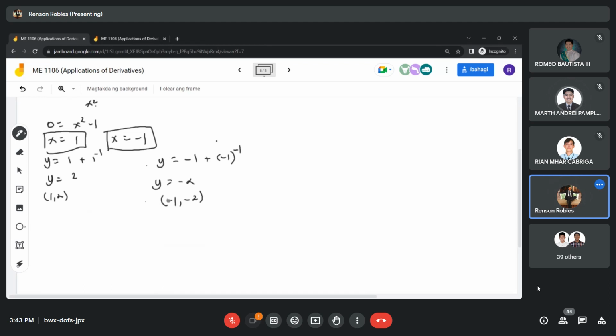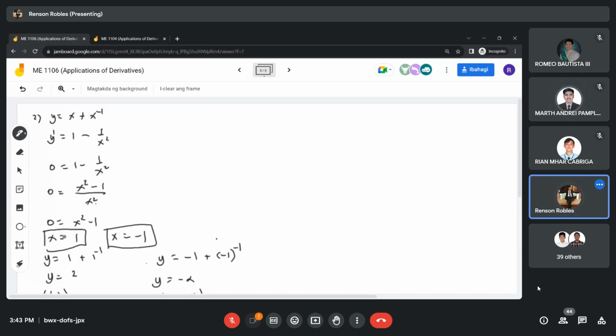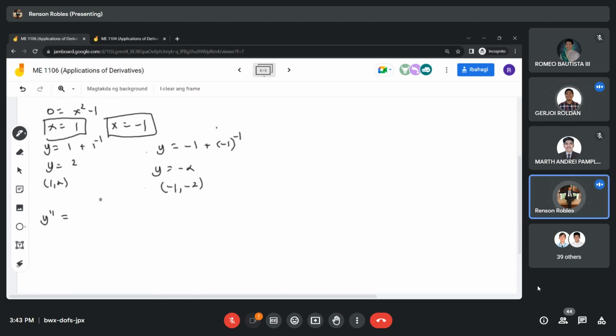And then, nakuha nyo na yung critical point, you'll get the second derivative, y double prime. This is y prime. Then you get the second derivative. Sir, 2 over x cube po. 2 over x cubed.